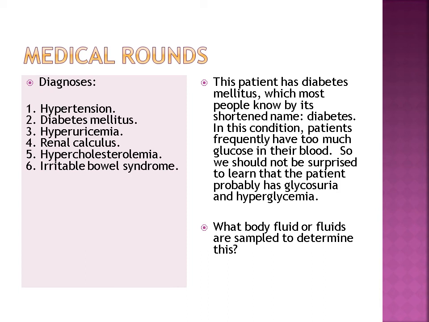What body fluid or fluids are sampled to determine this? Glycosuria is sugar in the urine. To get this result, you need a urine sample. For hyperglycemia, sugar in the blood, you need a blood sample.